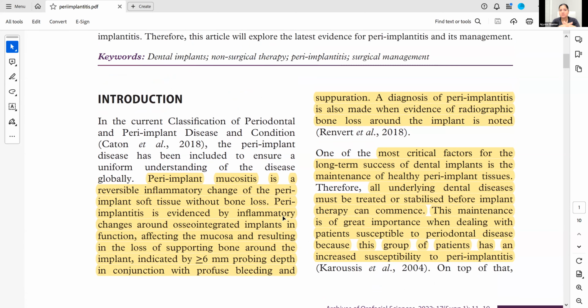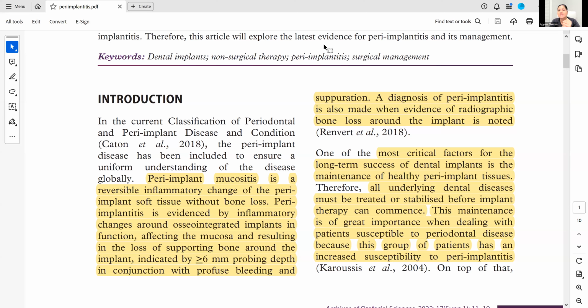It is the counterpart of periodontitis in a natural tooth, where the bone loss is associated with deep probing depths of more than 6 mm. For implants, without active bone loss, without profuse bleeding and suppuration, a deeper probing depth alone will not mean peri-implantitis. A deeper probing depth alone could just be the way the implant attaches.